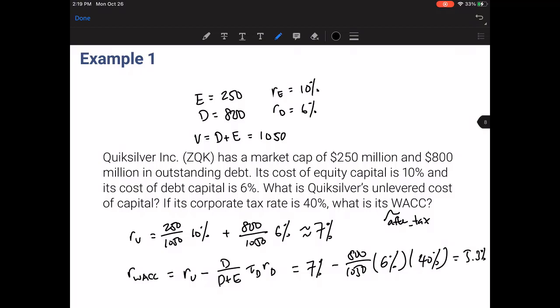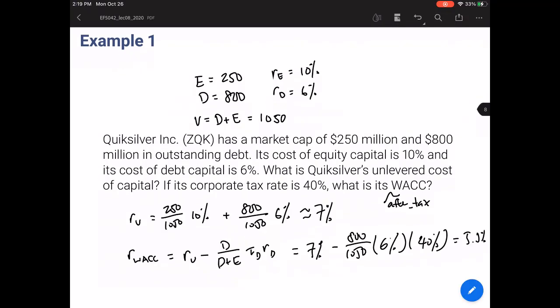So the message here is, after accounting for the tax shelter or the tax shields, our discount rate declines from 7% to 5.3%. And the reason is because the firm is now essentially less risky because of additional cash flow, right?